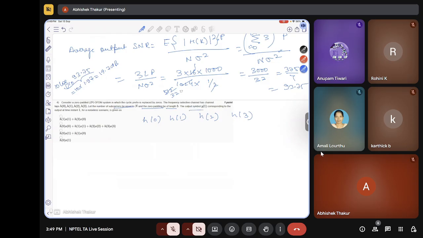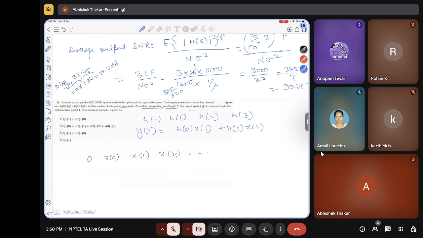So we have to find the output symbol y1. So y1 will be h0 x1 first, then h1 x0, and then before that, like x1, x2, like that.